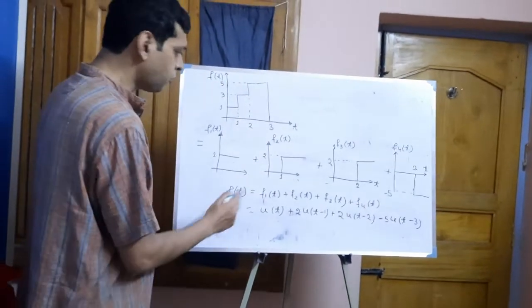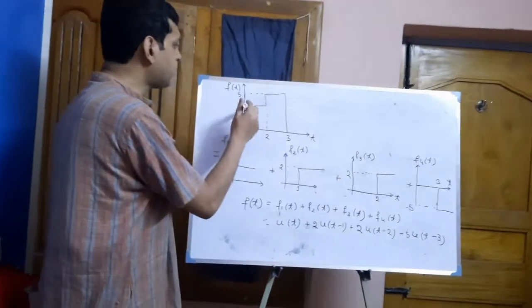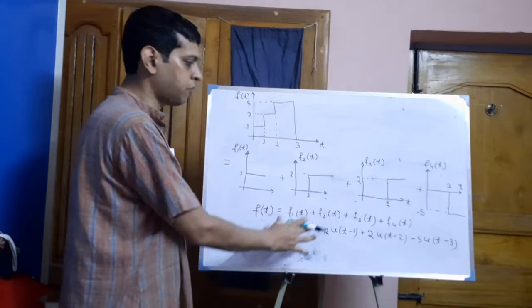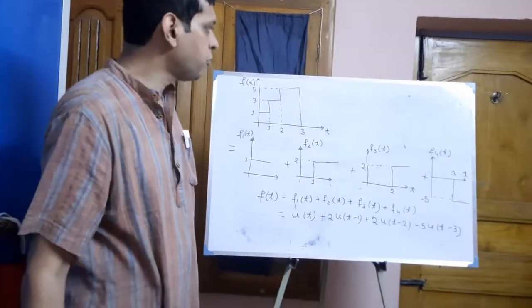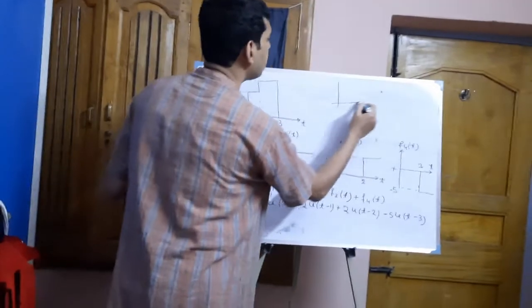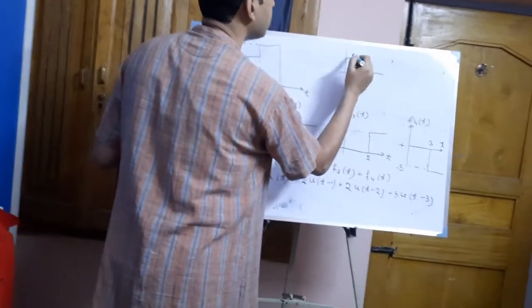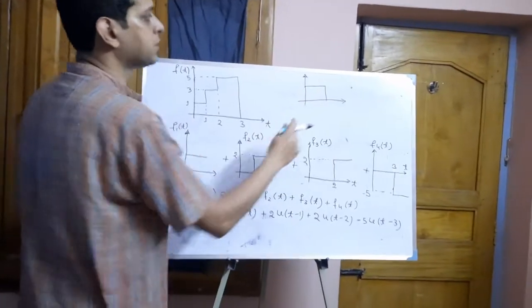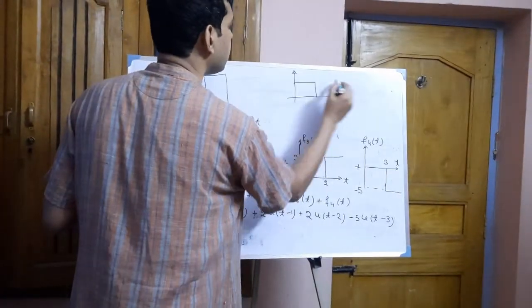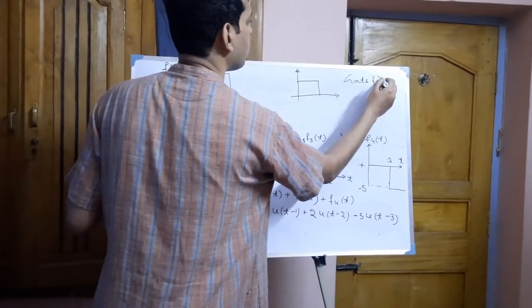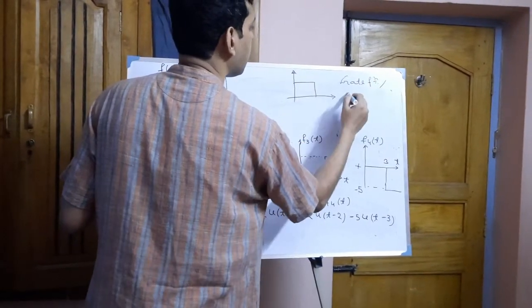Okay. Now we can synthesize these functions as a sum total of some functions. Now we forgot to mention that this type of function is called a gate function or pulse function.